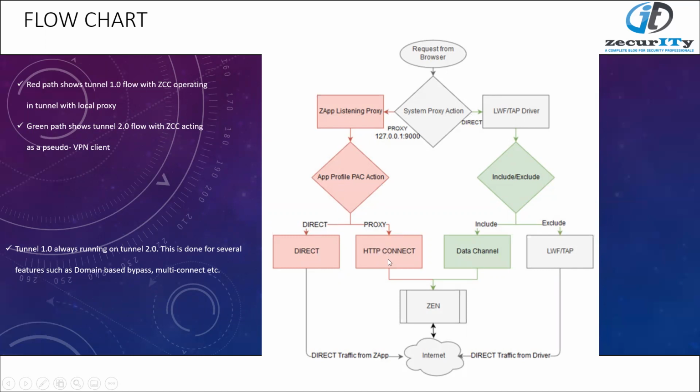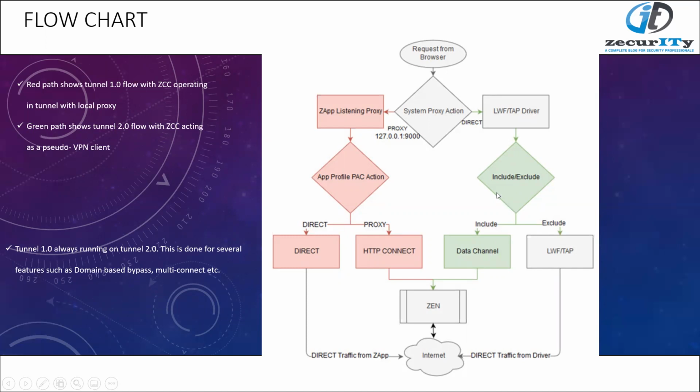If there is a proxy statement, an HTTP unencrypted tunnel will be established towards the Zen node. Whereas in Tunnel 2.0, the LWF or tun driver is needed. There are two options configurable: include and exclude.